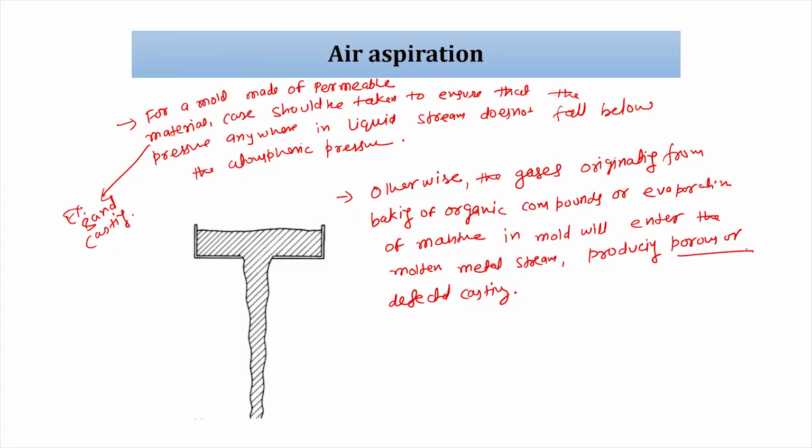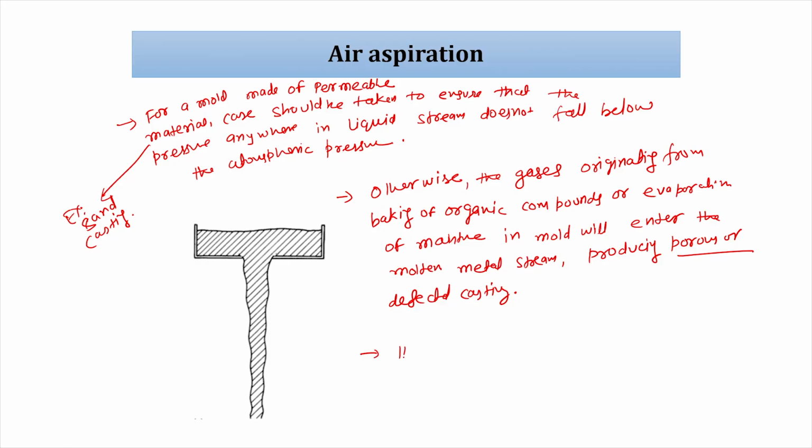Otherwise, if pressure is less in the liquid molten metal, in the sprue and all, the gases will not go out; they will interact and mix with the molten metal and create a porous casting, obviously blowholes, pinholes, gas holes. Such a defective casting we will get.